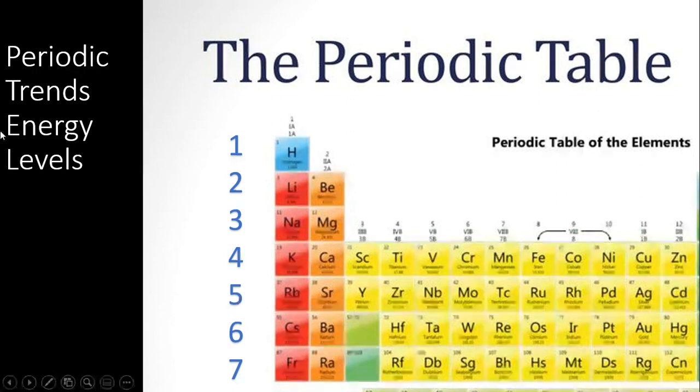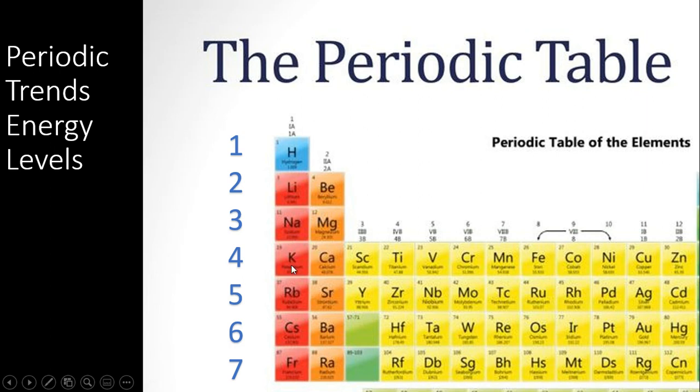So let's talk about the first trend, energy levels. All atoms have energy levels, and this first period or row is hydrogen, and it also has helium, though you can't see it. All atoms in the first period have one energy level. Then lithium in the second period has two.